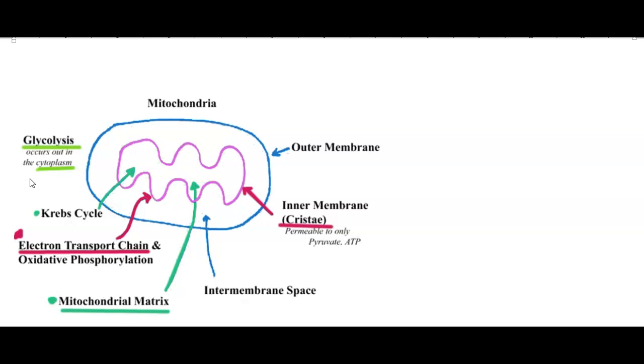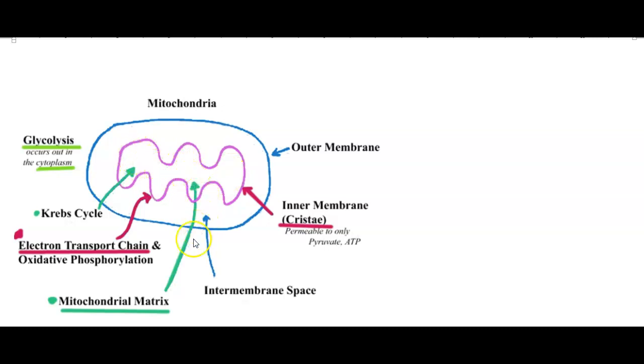And it gets split into 2 pyruvates. The pyruvates are going to go into, so those are out here, let's say this is the cytoplasm. Then they're going to go into the matrix.